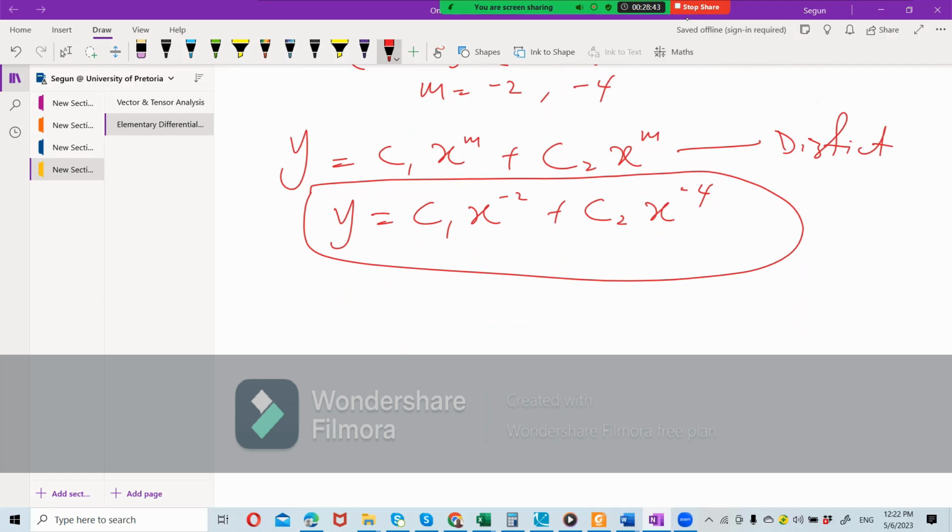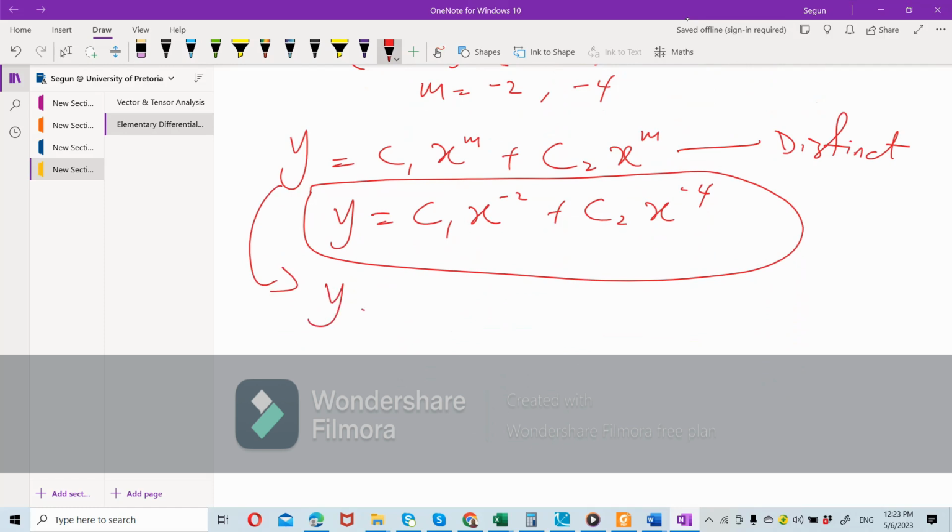Then if you have this distinct there, so you can have this one to be y equals to, for repeated real roots, y equals to C1 x raised to power m plus C2 x raised to the power m ln x.